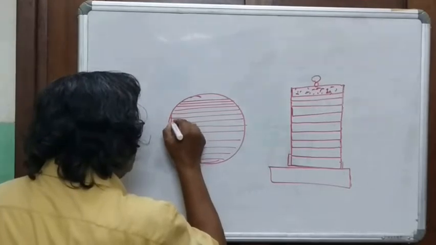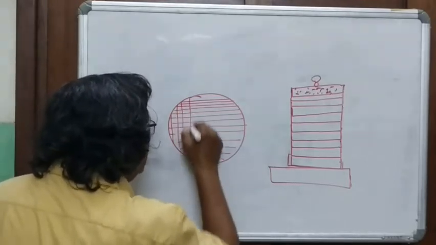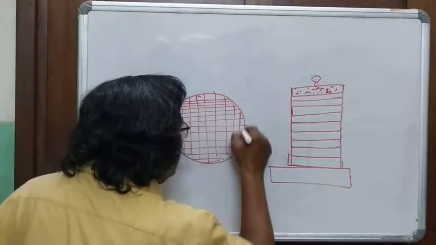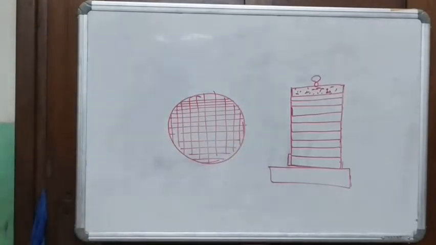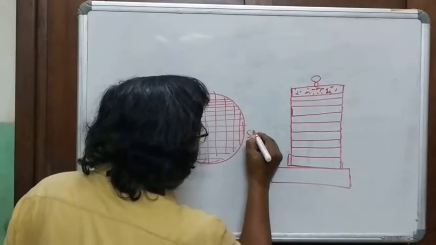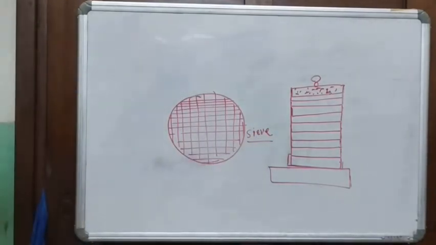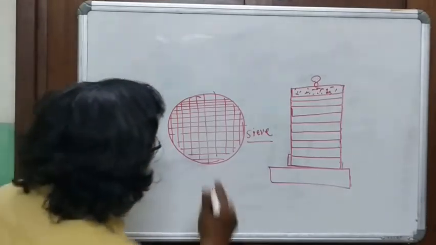I don't have the patience to draw it. It's like a net, and it's called a sieve.